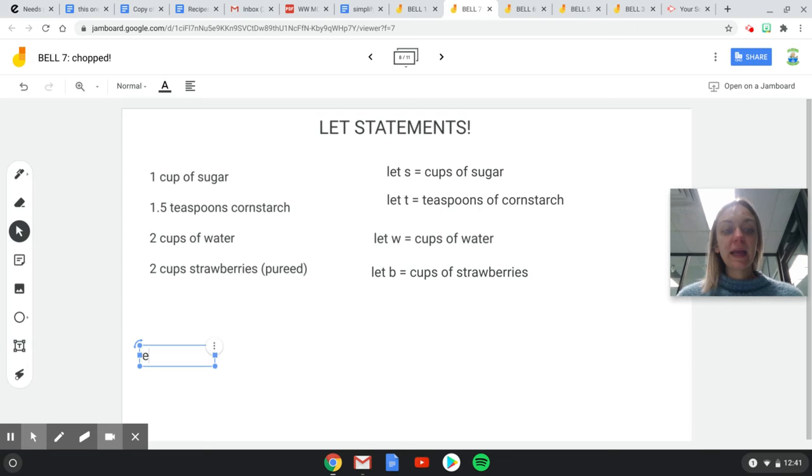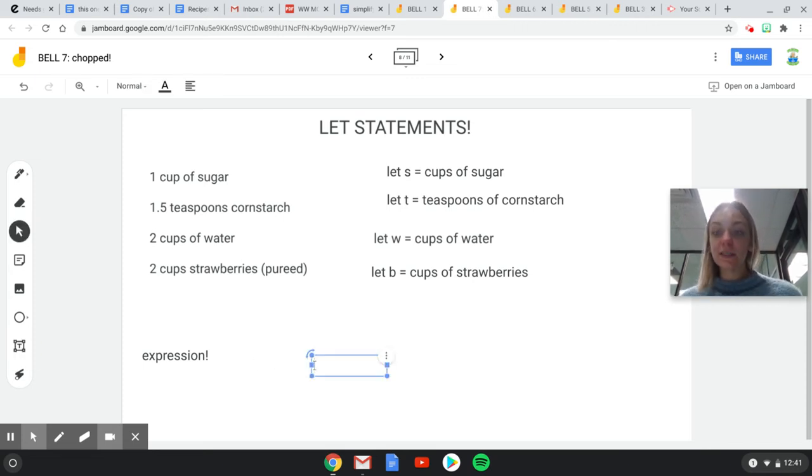So now if we're making an expression, we're not going to have an equal sign. Let's make an expression for this recipe similar to what we saw in our working recipe. If I'm trying to represent cups of sugar, I have 1 cup of sugar, so I can say 1s. And then I'm going to add an ingredient to that for this recipe.